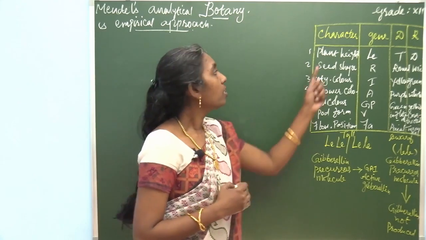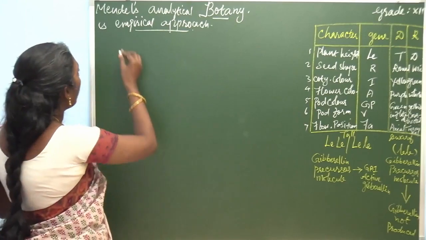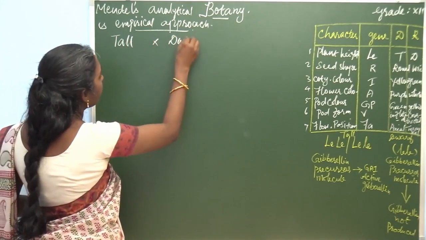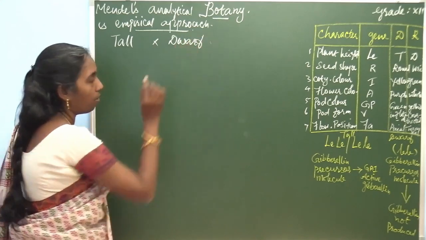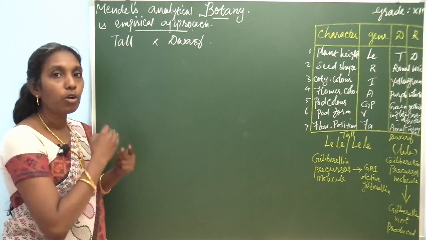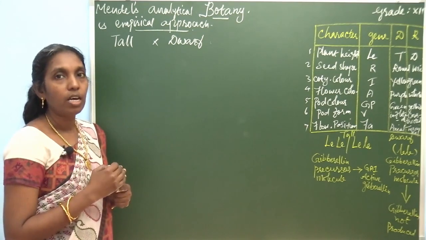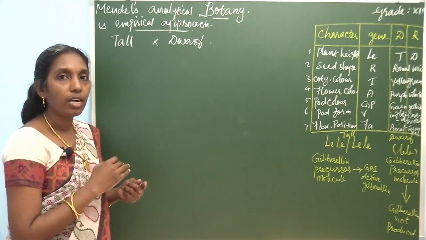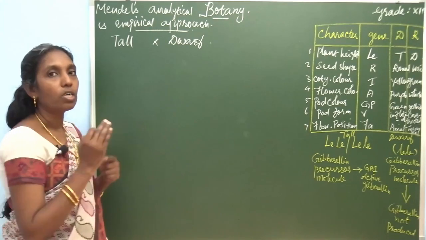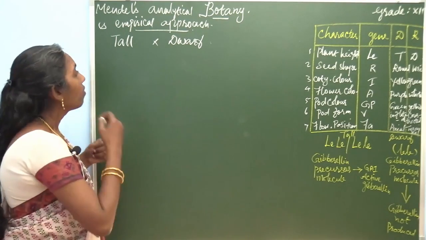For example, the height of the plant, which represents tall and dwarf. Let us recall what we learned in the F1 of the monohybrid cross. A monohybrid cross is a cross of a single gene which contains 2 different alleles. So, the contrasting trait is tall and dwarf.